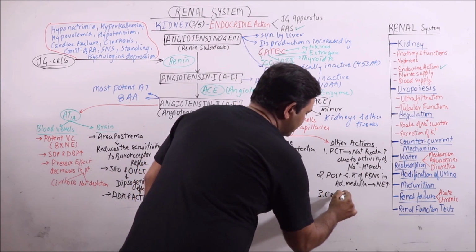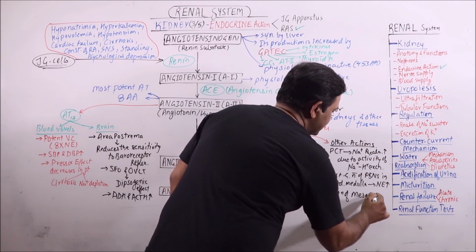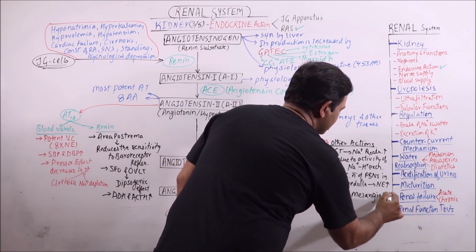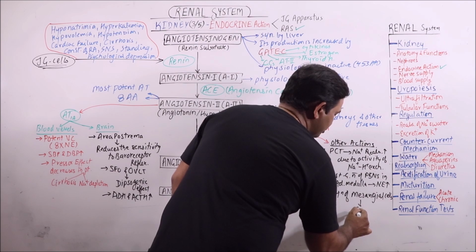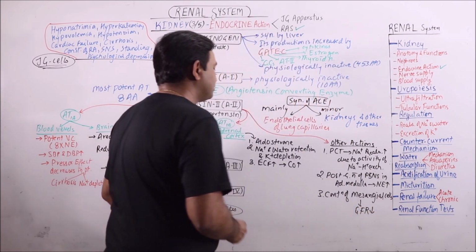Finally, it results in contraction of mesangial cells, which lead to decreased GFR.